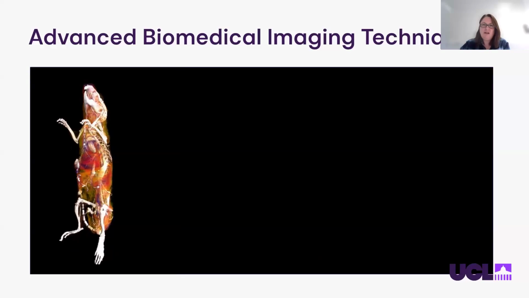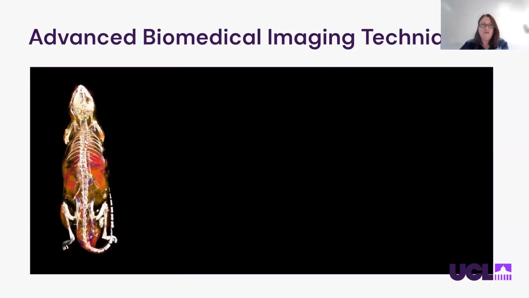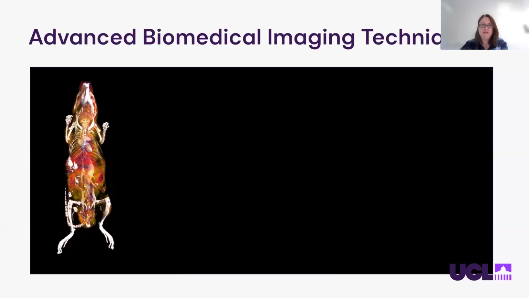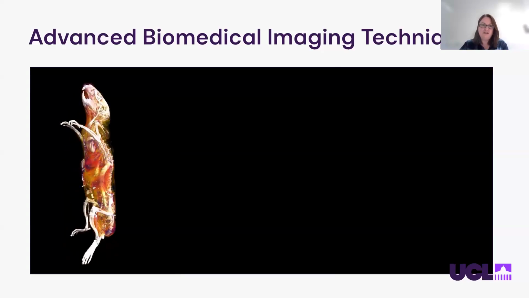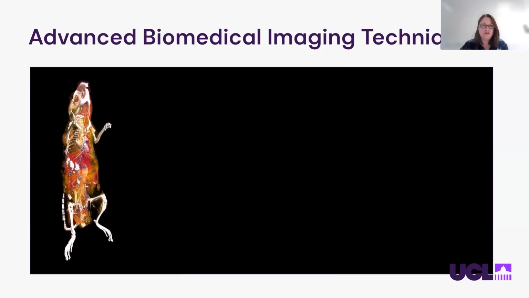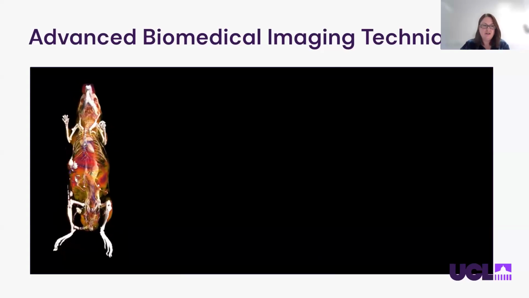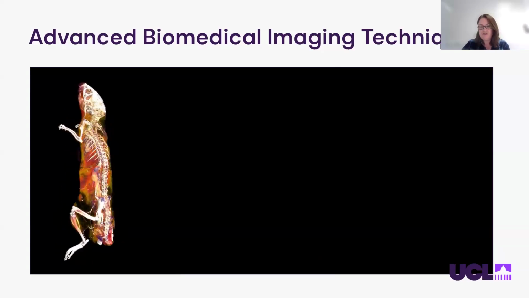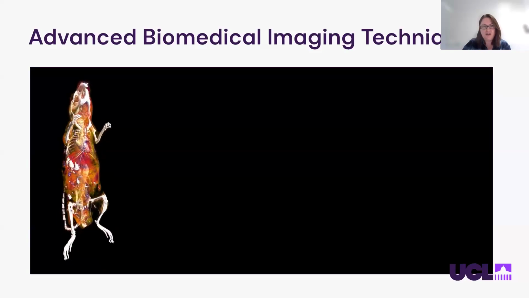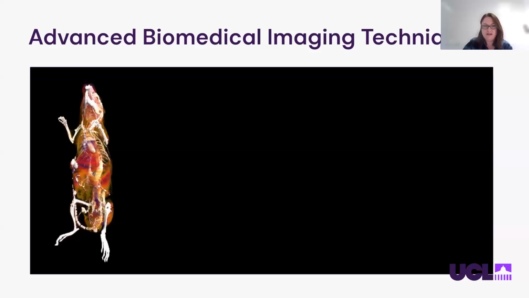But in this MSc, we're looking at advanced biomedical imaging techniques. So this is a preclinical based imaging facility that can therefore develop new imaging techniques, such as injecting novel contrast into the vessels to be able to image the vessels within a mouse instead of just X-ray for the skeleton.